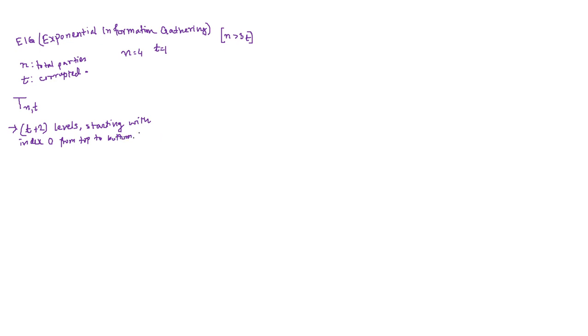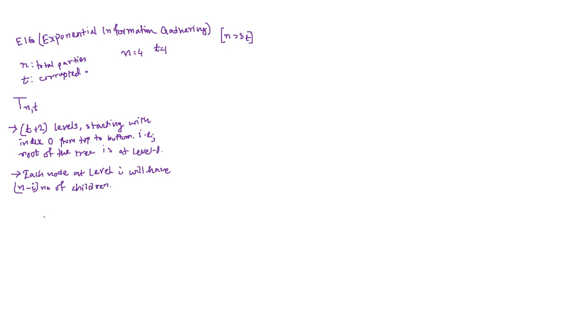The root of the tree is at level 0, okay. There are T plus 2 levels, and each node at level I will have N minus I children.